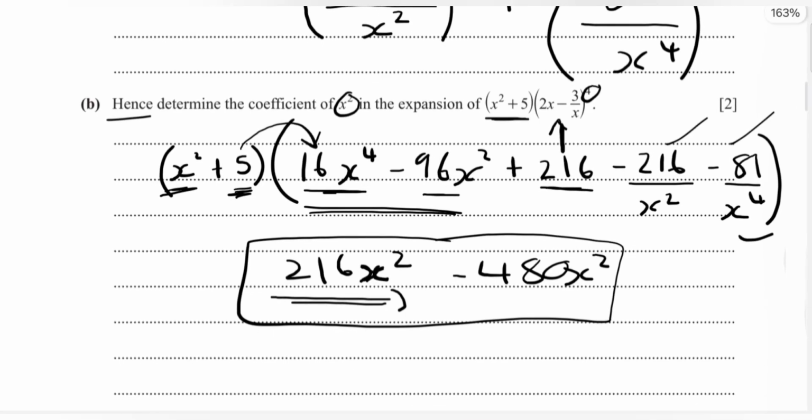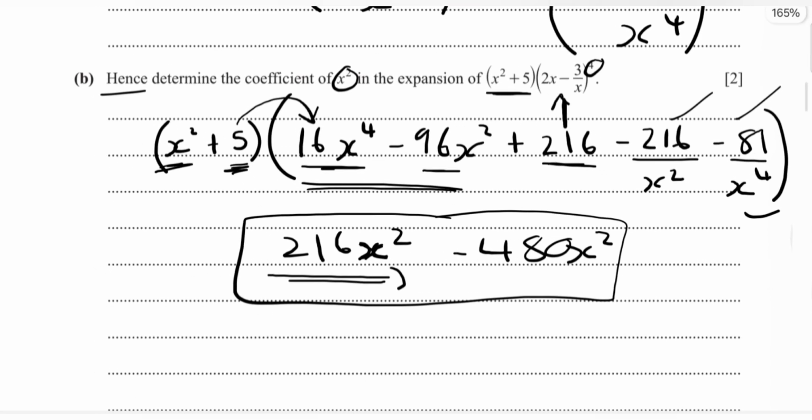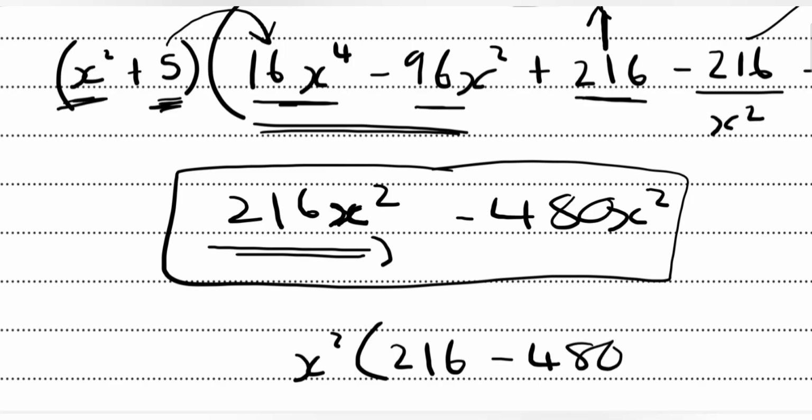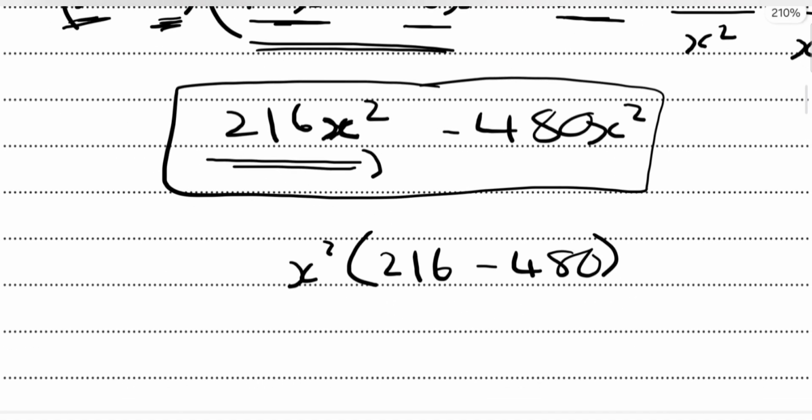So for us to determine the coefficient of x squared for the whole thing, we're basically factoring out x squared. So it will be 216 minus 480, which is minus 264x squared.